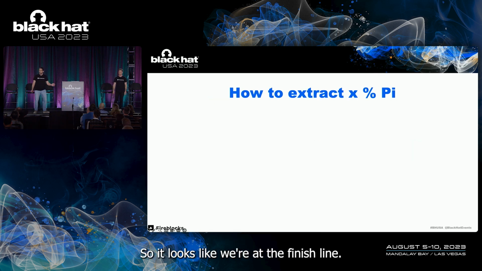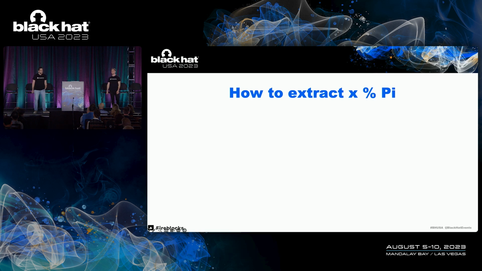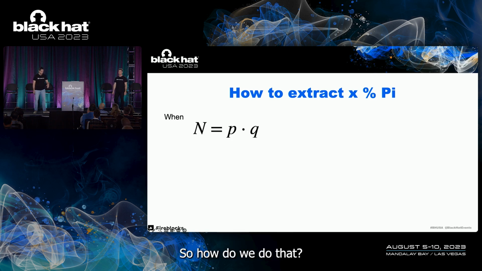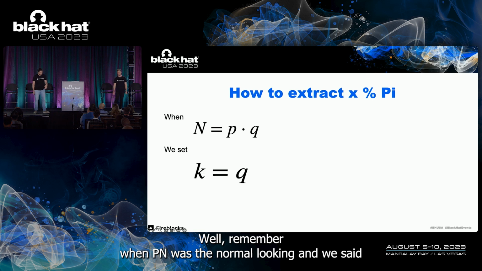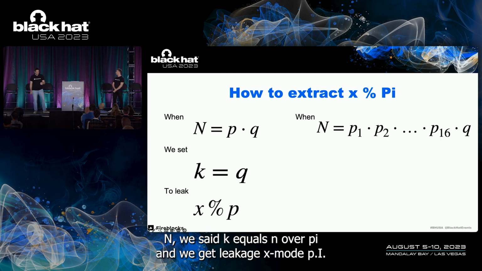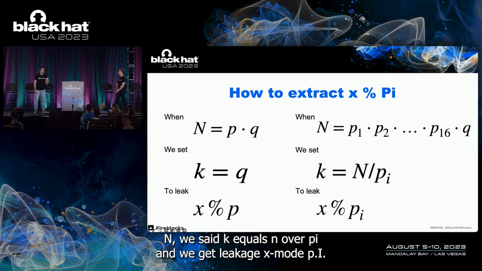So it looks like we're at the finish line. We can extract all of these remainders, and then in the end, we can get the x in the clear. So how do we do that? Well, remember, when n was the normal-looking n, we said k equals q, and we got leakage x mod p. Now that we have the bizarro n, we said k equals n over pi, and we get leakage x mod pi.